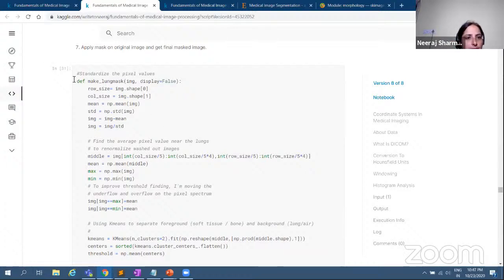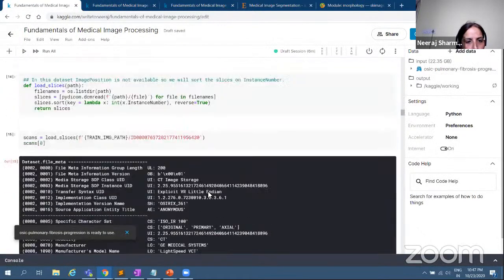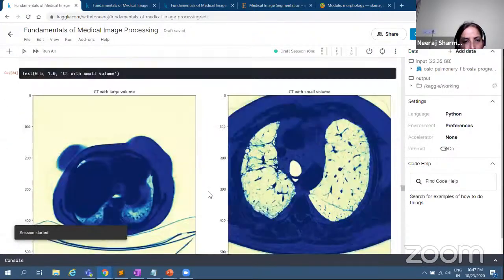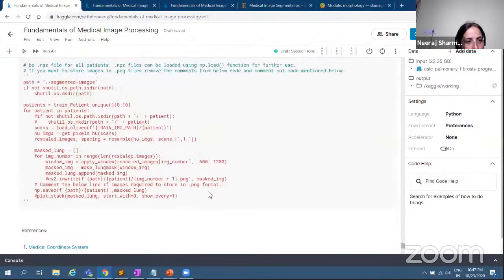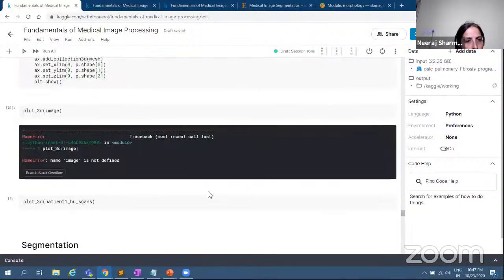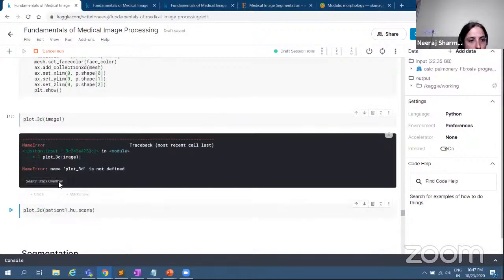So let's see how. Give me a minute. Okay, so it didn't execute till here. I want to basically show the result after the segmentation part.